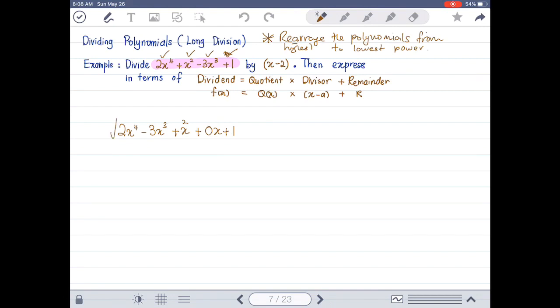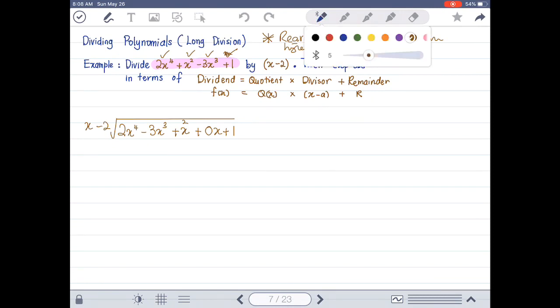So divide that with the divisor x minus 2. The divisor has been arranged from the highest power to the lowest power, so there's no problem there. Okay, let's have a look at the first step. What do we need to do?